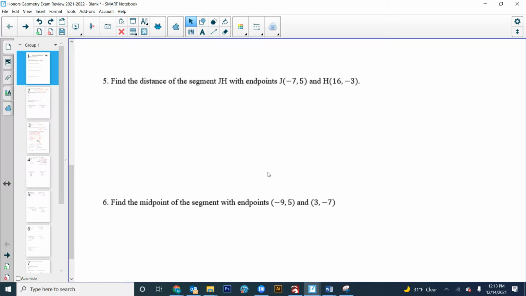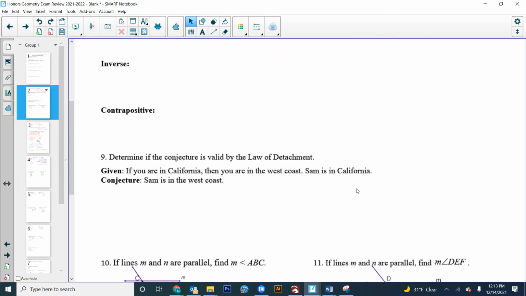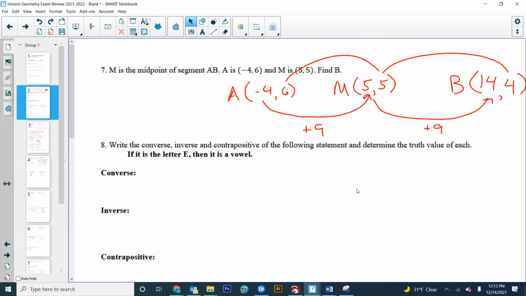No questions on 1 through 6? Going once? Twice? All right. How about 7 through 11?